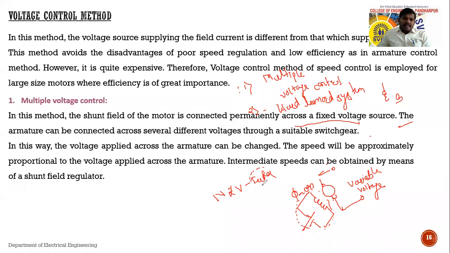Again, we are not inserting any resistance in series. We are changing only the value of the applied voltage.